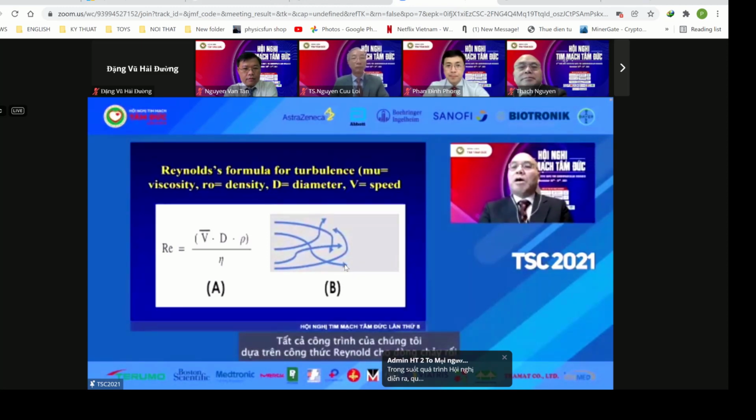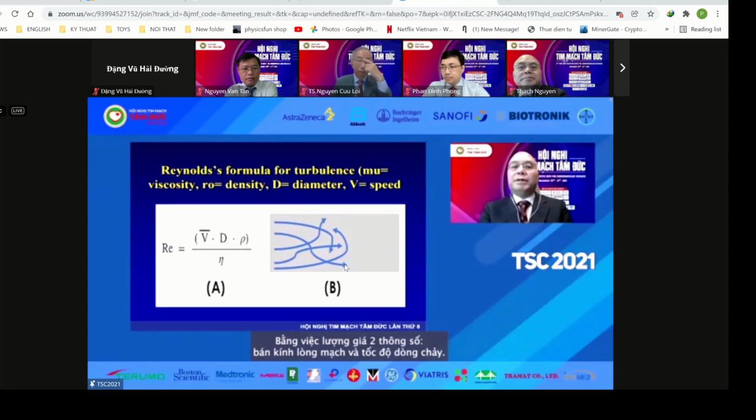All our work is based on the Reynolds formula for turbulence, and the two major components of the formula are diameter and speed.